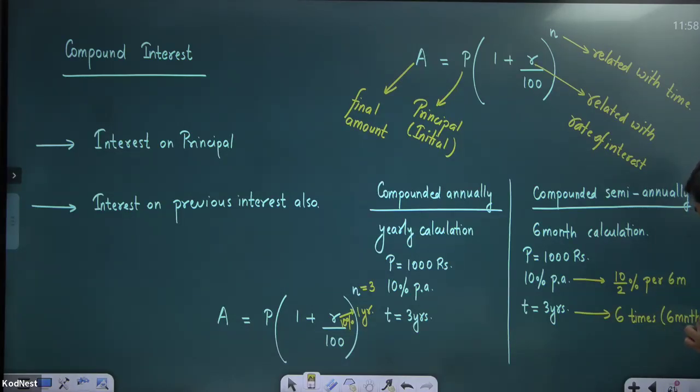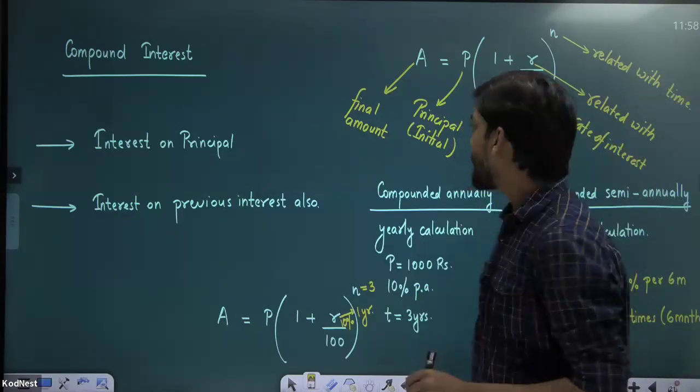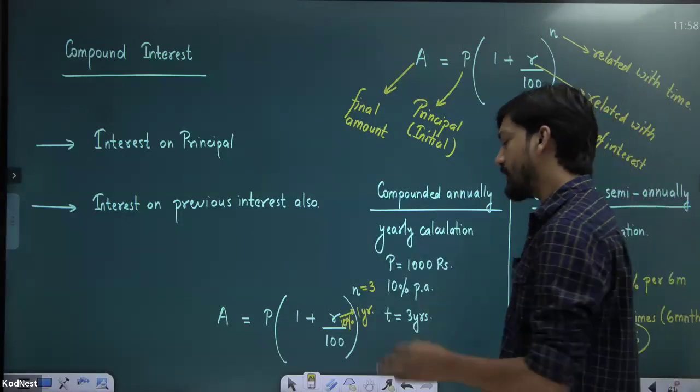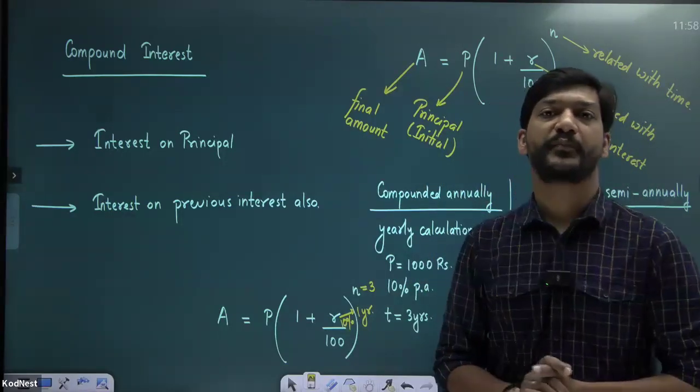So 6 times you will have to do the calculation. That's why n value will be 6. So how many times you will have to calculate? That will be n value.